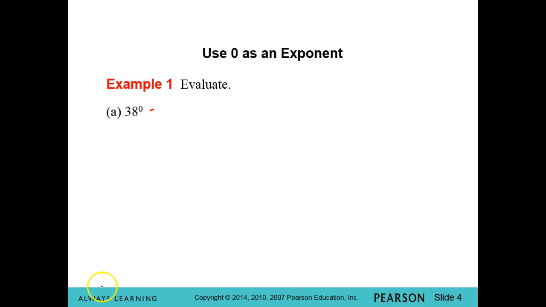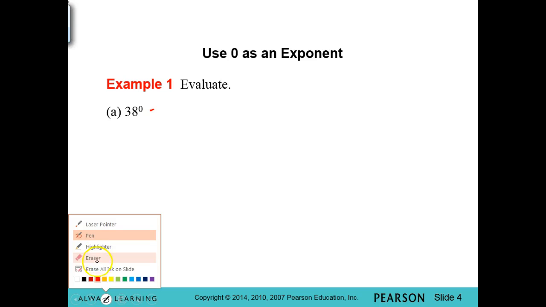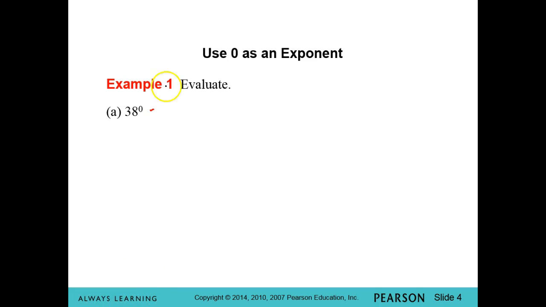Okay, I guess I didn't say it loudly enough or often enough. Everything to the 0th power is 1, unless it's 0 to the 0th power, and that's understood. That's not defined. All right. Everything to the 0th power is 1.